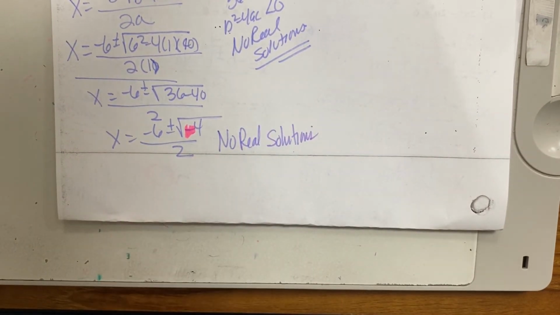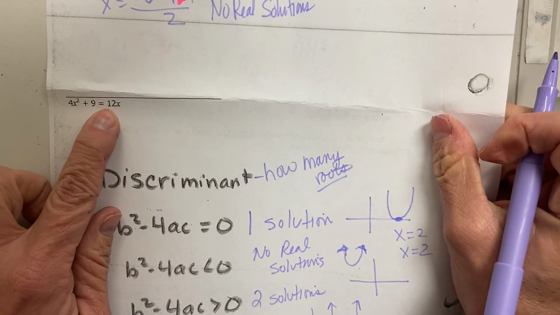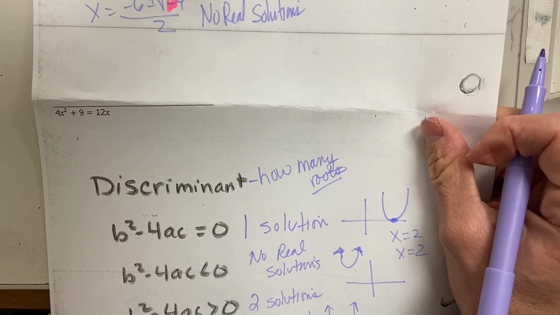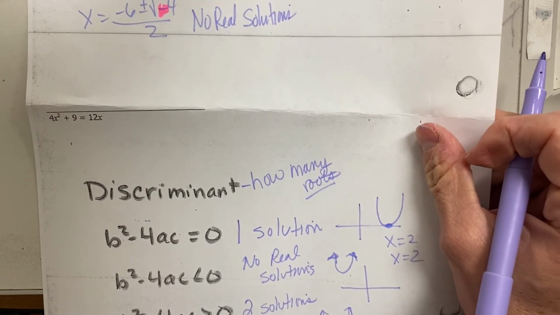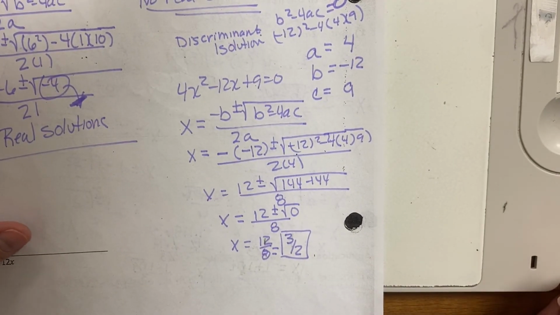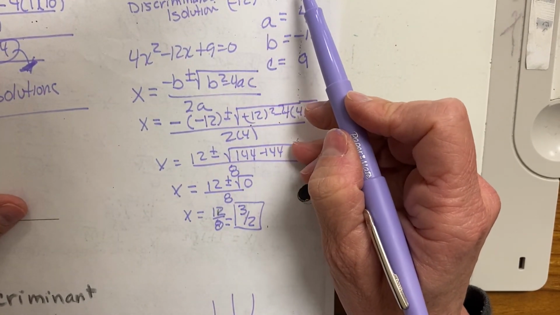Okay. So I want you to go in and you go try 4x squared plus 9 equals 12x. I want you to go find what the discriminant is, and then work that out and find your solutions, and we'll compare answers. All right, so your discriminant b squared minus 4ac is equal to 0.